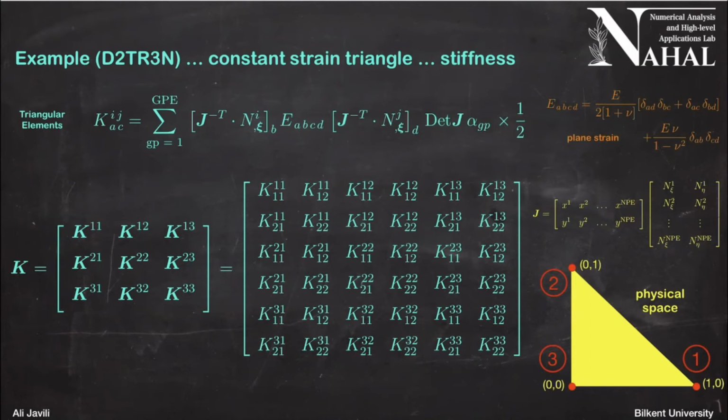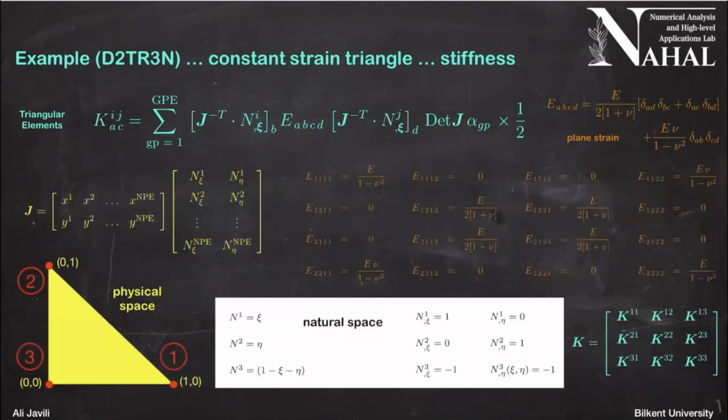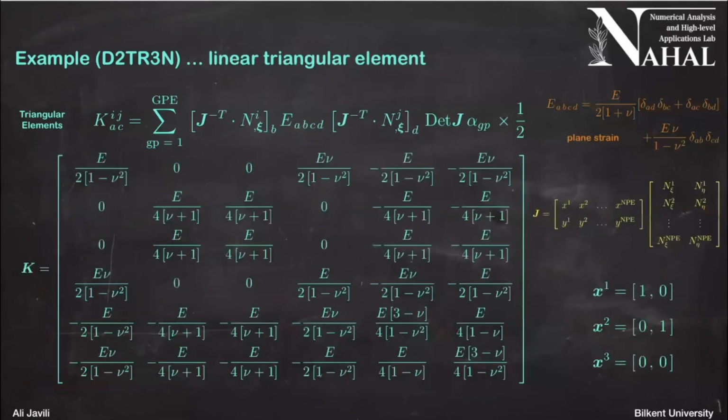Now, for this particular example, you can calculate the stiffness, and that's what we do for a given set of coordinates. So if the physical coordinates are these, basically we have that triangle which we just had in the previous picture, and this would be node 1, this is node 2, and this is node 3.